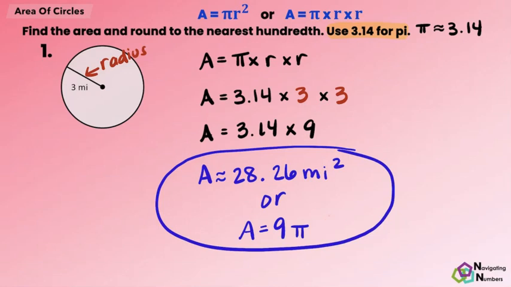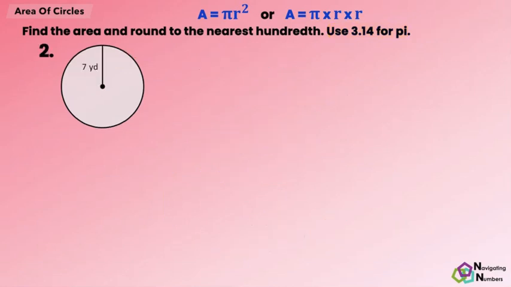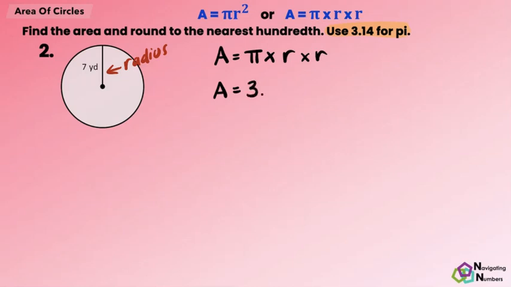Okay. Moving on to number 2. Find the area and round to the nearest hundredth. Again, we have that 3.14 for pi. So we have a circle with a radius of 7 yards. So let's use our formula. Area equals pi times radius times radius.